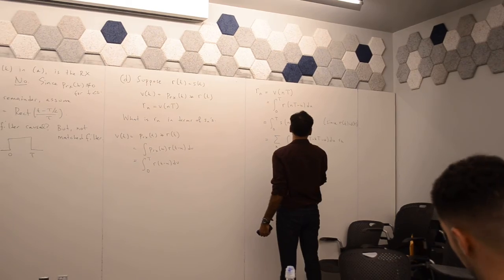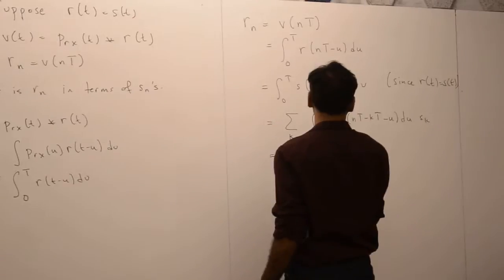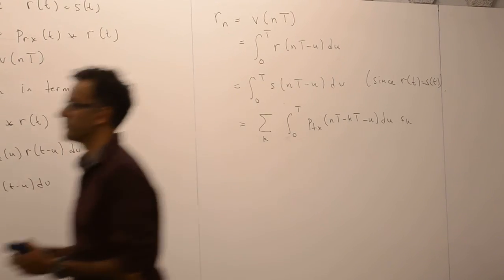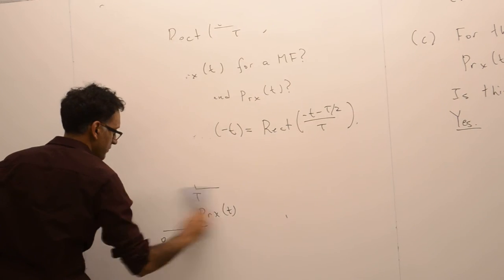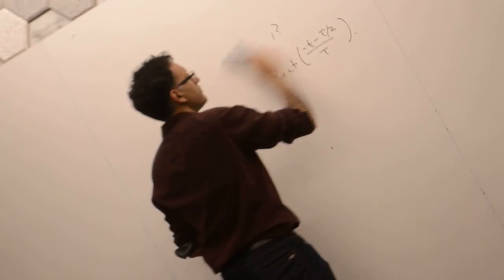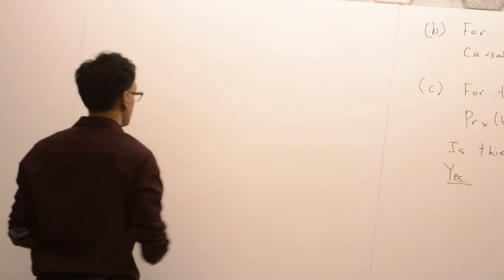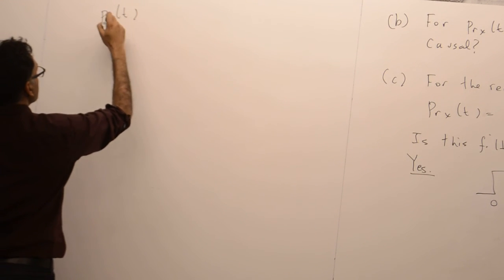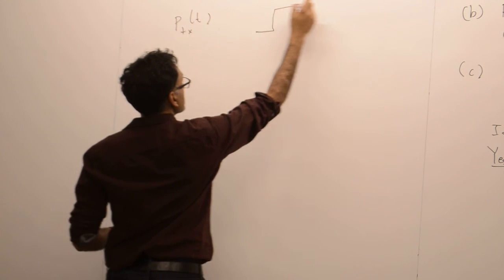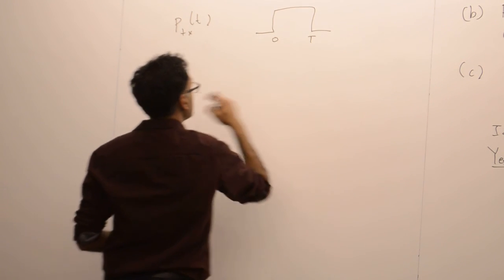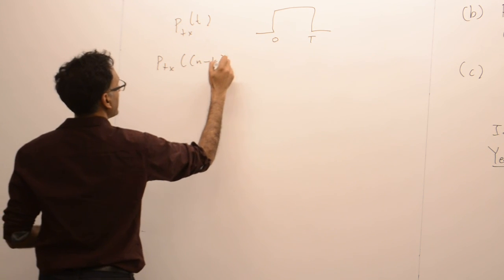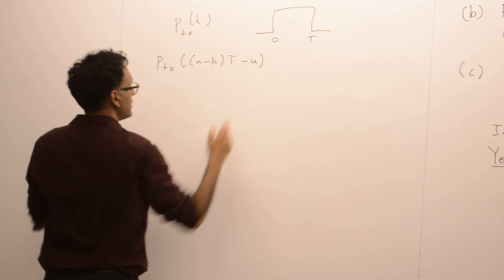So if you look at this one here, remember that PTX of t looks like this, from 0 to T. So PTX of n minus k times T minus U, all right?